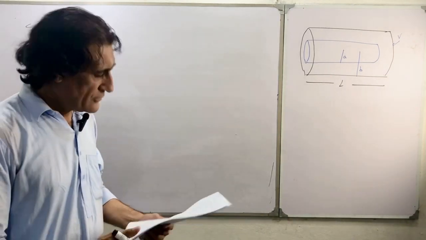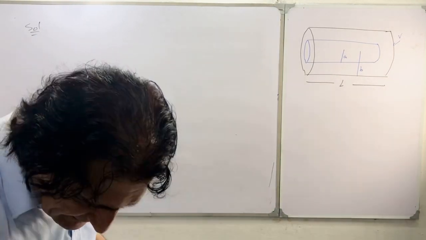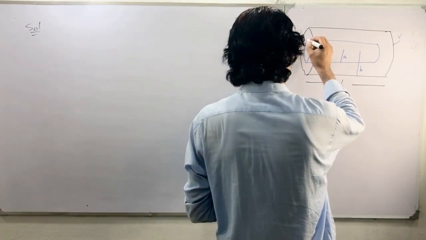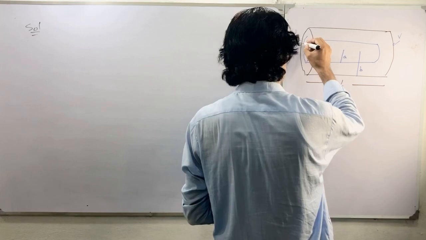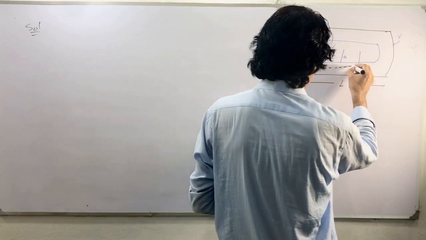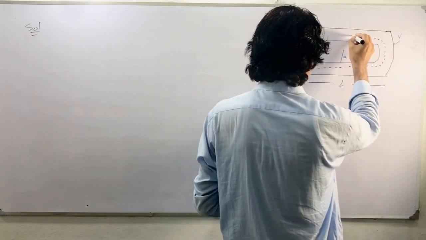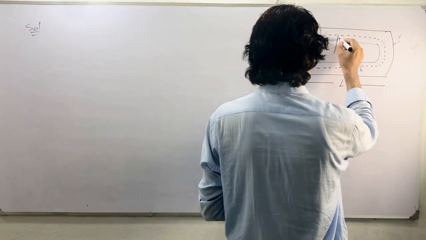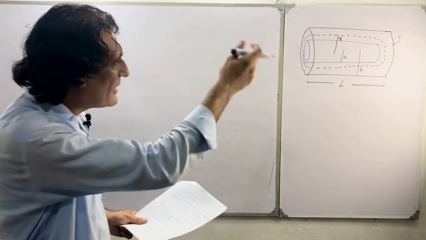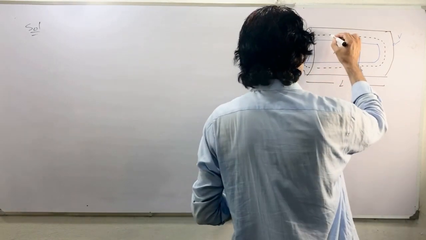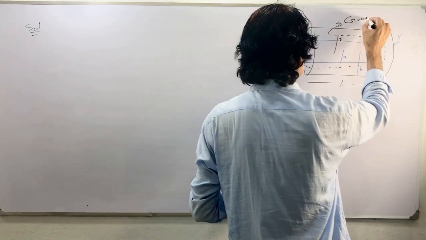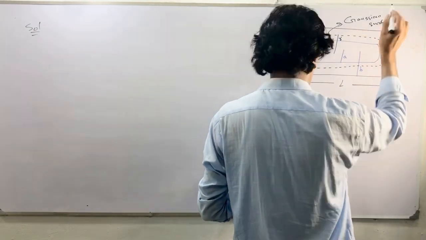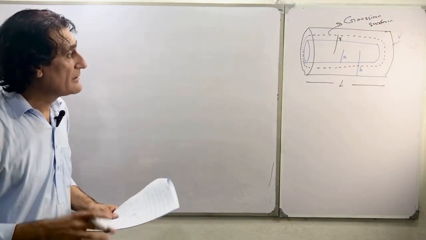To find the electric field here, we need to find a Gaussian surface. We use Gauss's law to find the electric field. So this is the Gaussian surface having radius r.